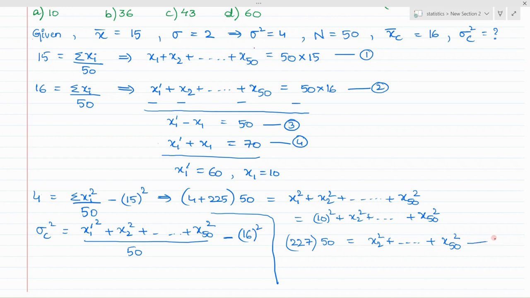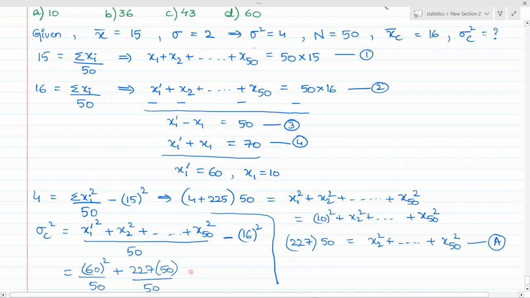Now assume this as equation number A. Put these values over here. Here x1 dash we know is 60, so 60 square, and this whole value from x2 till x50 we know is 227 into 50, upon 50, minus 16 square, that is 256.